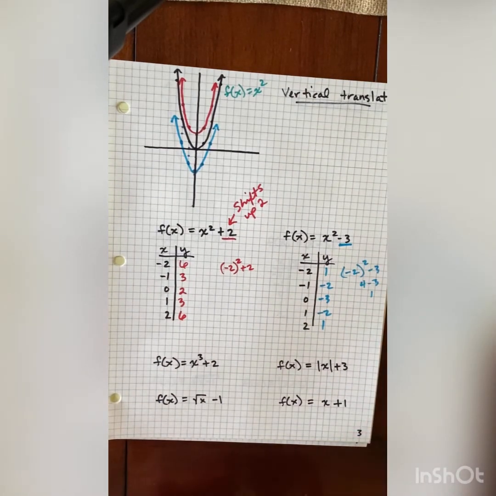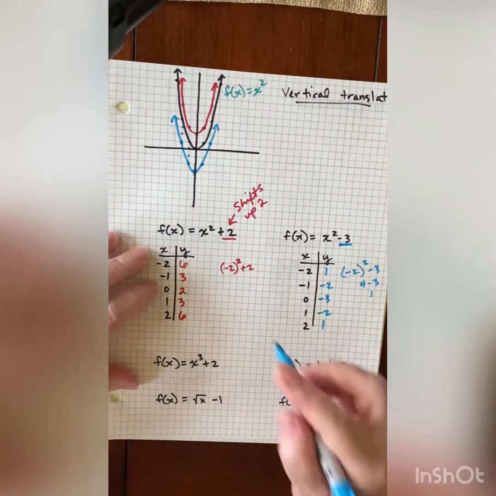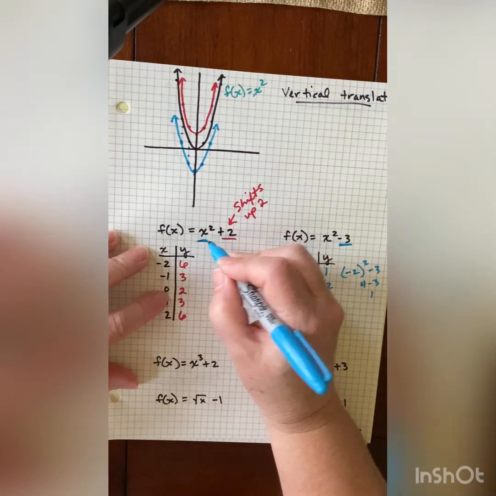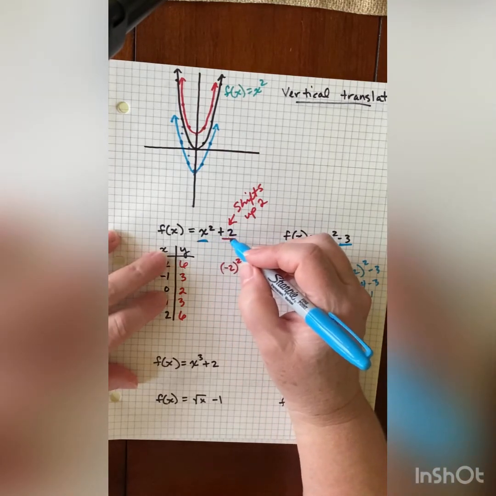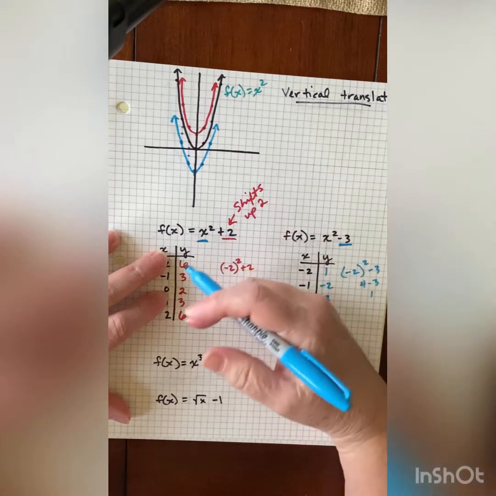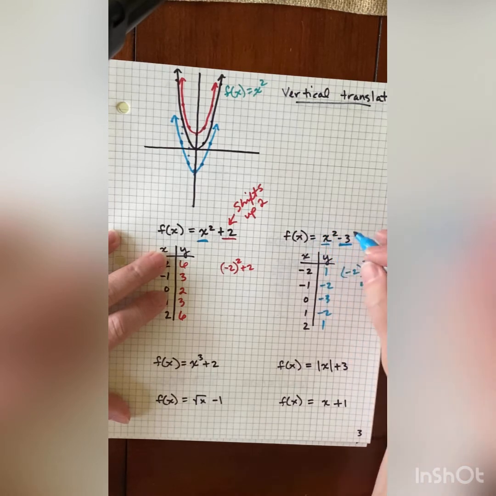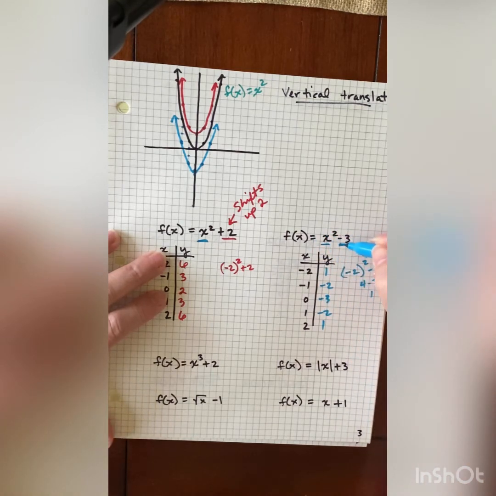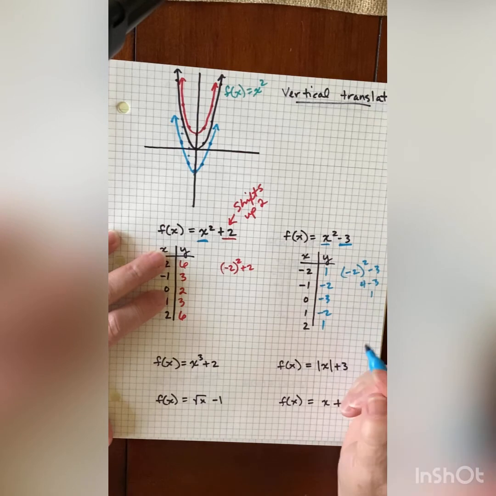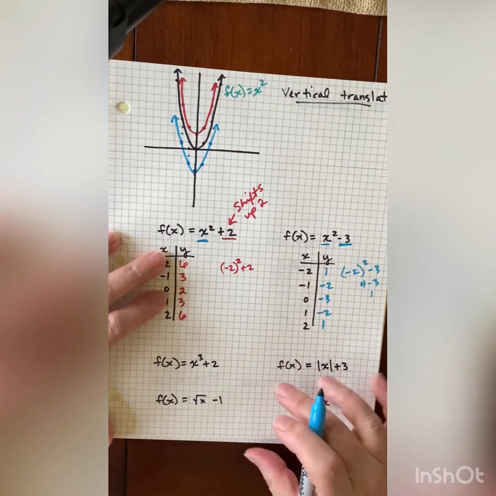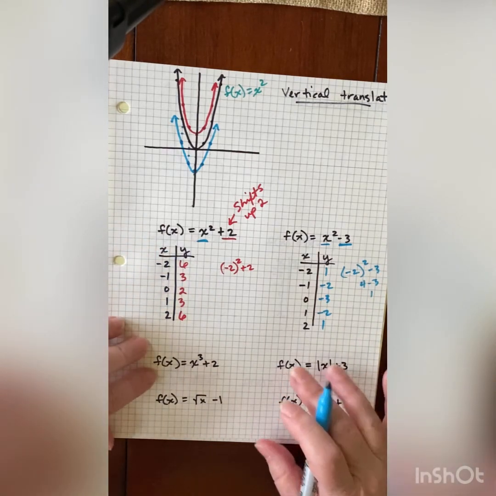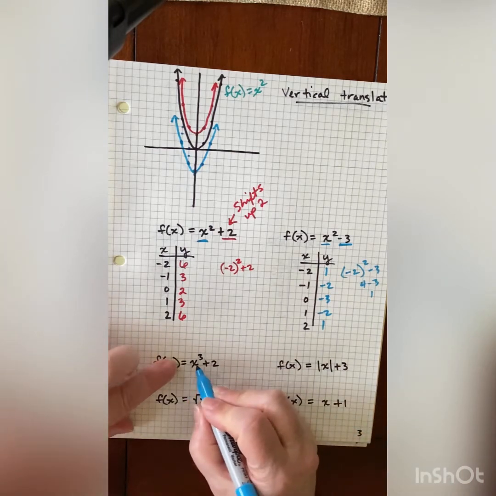So when I have a problem like this, here's my standard right here, and it says +2 in the back here, that's where it goes up to. If I have my standard family, and this one goes down 3. This works for the other families that we learned about, like this one here.